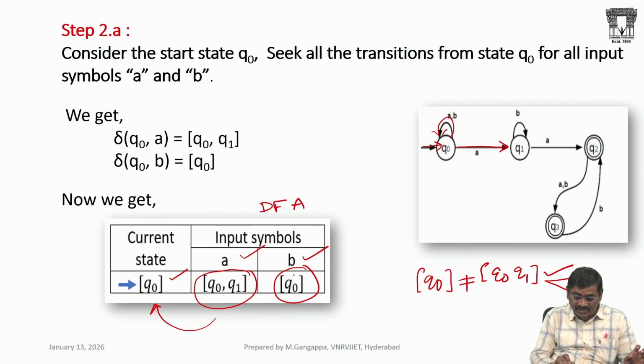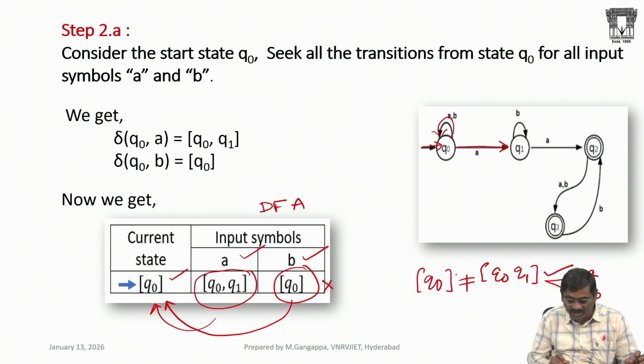The next one is in column B, where we have one next state, that is Q0. Q0 is compared to the Q0 in the current state. Both are the same, so this cannot be a new state. Only one new state, that is Q0 Q1.